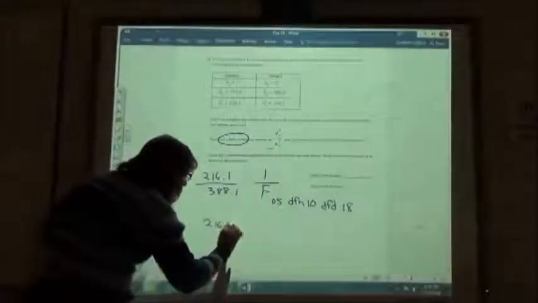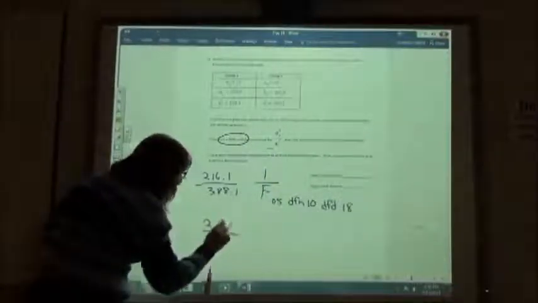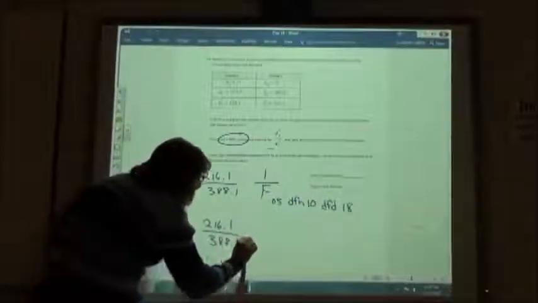The second one's going to be the same thing, just changing our 5% to 95%.